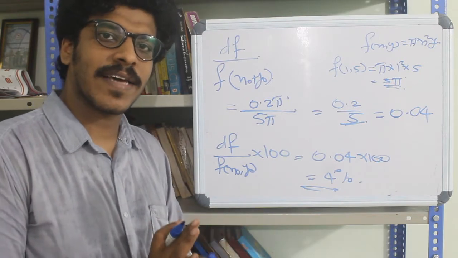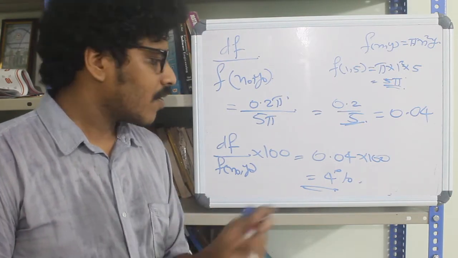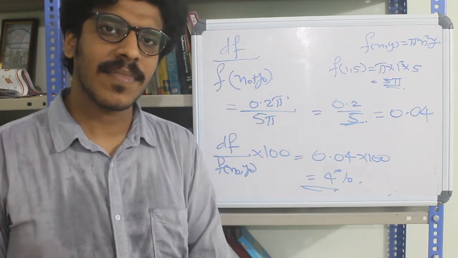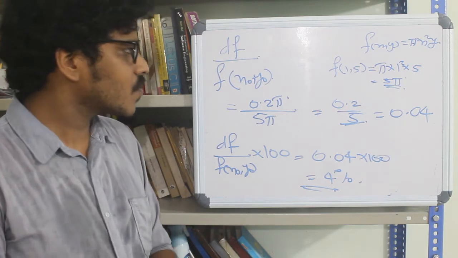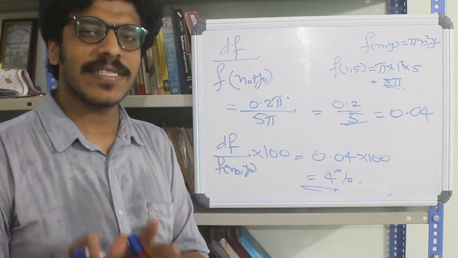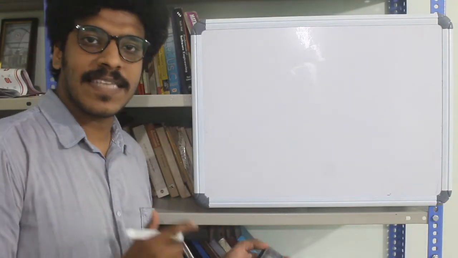What percentage of the actual value is being recorded as a change? Or simply, what percentage of the actual value is the change? Right. So this is about absolute change, relative change and percentage change. Okay, now let's take another example of the same concept.